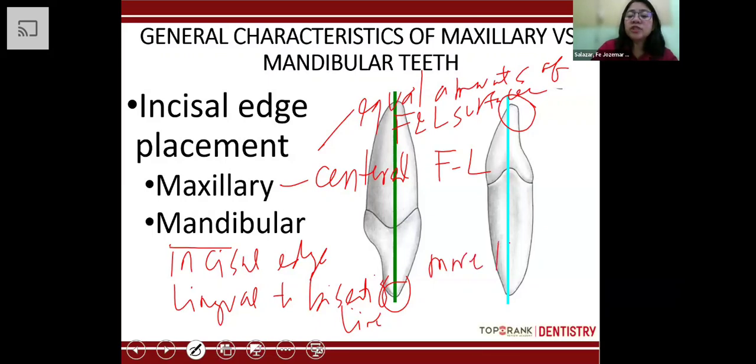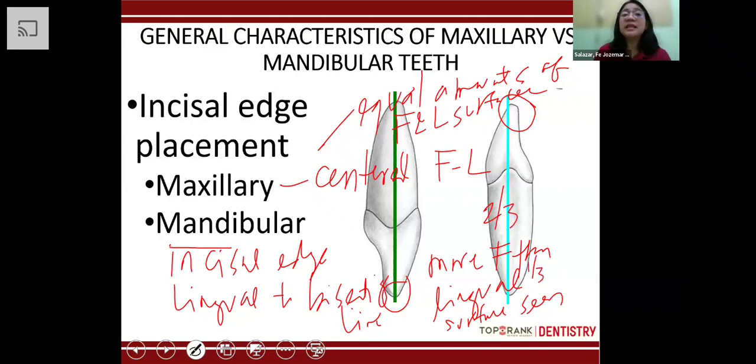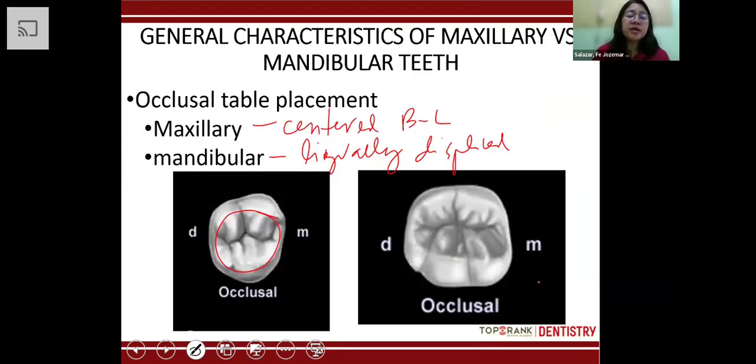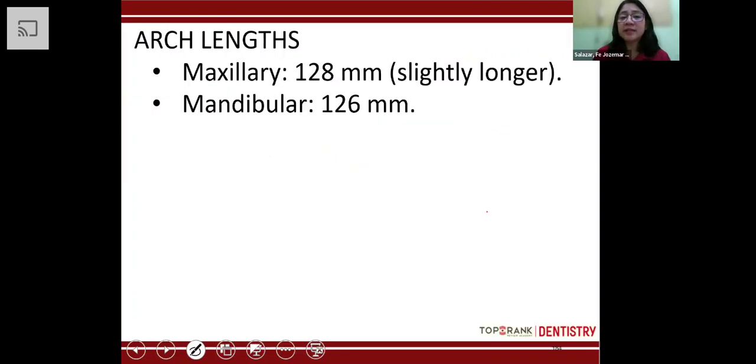More facial than lingual surfaces can be seen. 2/3 facial, 1/3 lingual lang yung nakikita. And that's the same for your posteriors. So you see equal buccal and lingual surfaces on maxillary, but on mandibular, you see 2/3 buccal and just 1/3 lingual. Reason for that, lingually displaced ang kanilang occlusal tables.